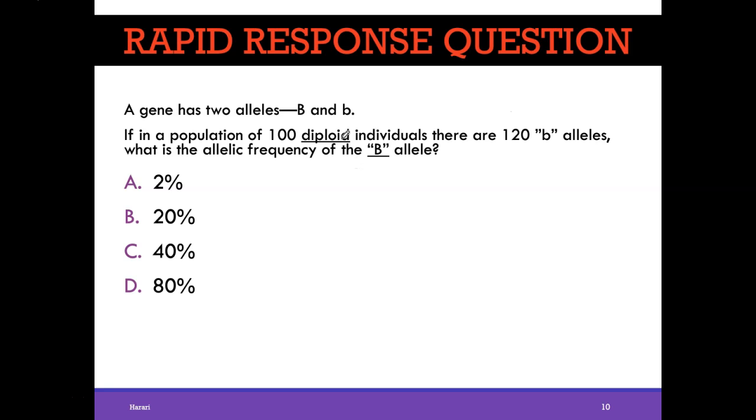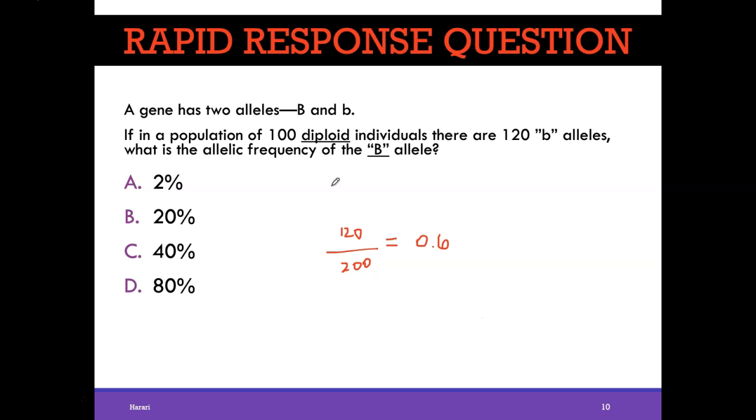So again, we have 200 total alleles. If 120 of those are little b, then we could say that the little b allele frequency is 120 over 200, which is equal to 0.6.